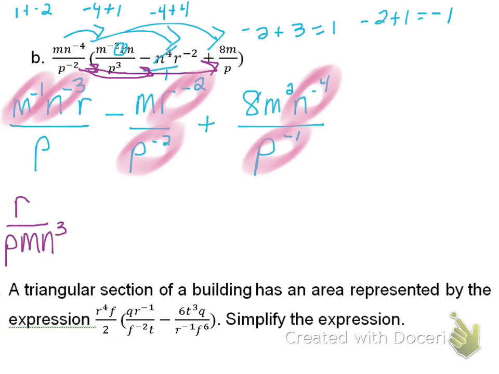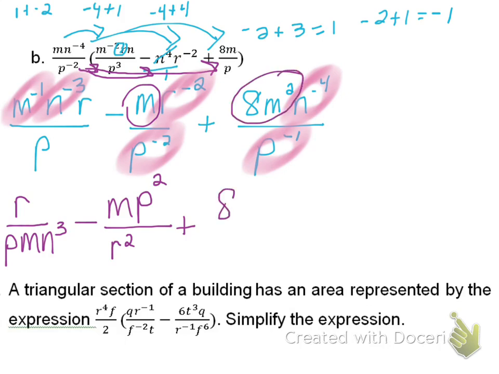Remember, that gets rid of the negative. Just changes it to a positive exponent. In the next term, I have an m left on the top, and I'm moving the r to the negative second power to the bottom, and I'm moving the p to the second power to the top. So they've switched. Okay, in the last one, I have an 8 and an m squared that are staying the same.